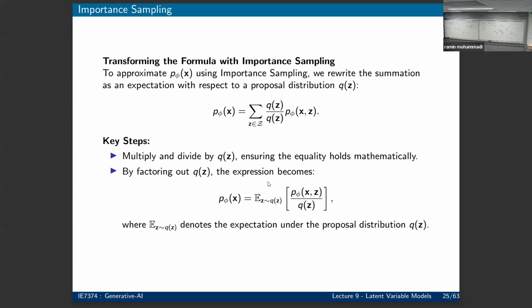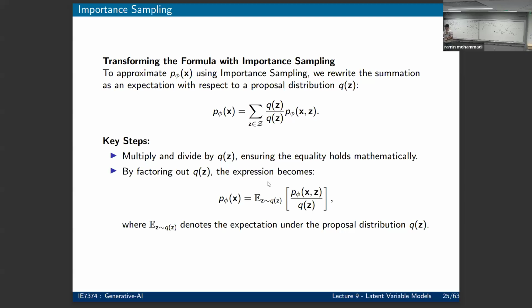The idea here is something called amortization. Amortization says that if you have an expectation, for example for a posterior, and you enforce this Q to be something pretty simple, that is, you estimate the posterior via a really simple distribution, that becomes the amortization.